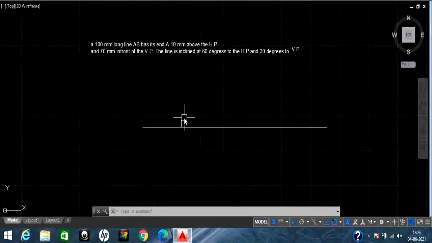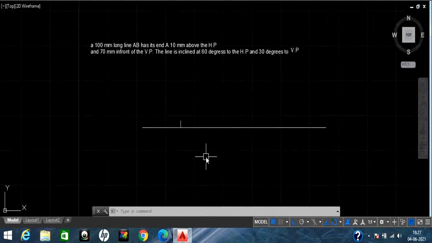Ten mm above the HP is completed, and the point is 70 mm in front of the VP. Already you know that. In front of the VP, take it below the reference line. If you have any doubts about how to draw the 70 mm line and the 10 mm line, please see the previous videos, and also the concept of points.